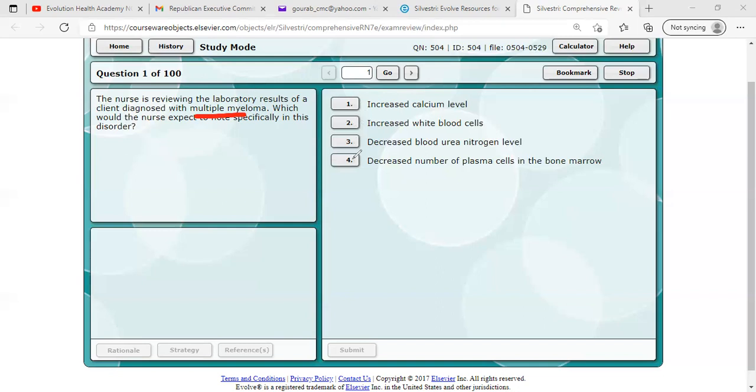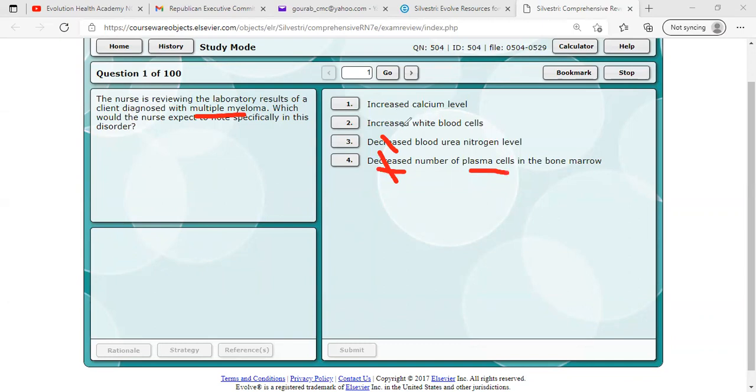Let me read from number 4. Decrease the number of plasma cells. Definitely no. It is a cancer of the plasma cell, an immature cell, so the number increases. So decrease, never. Decrease the blood urea nitrogen. Blood urea nitrogen may increase because multiple myeloma affects the kidney and renal failure is common. So it is not answer 2.